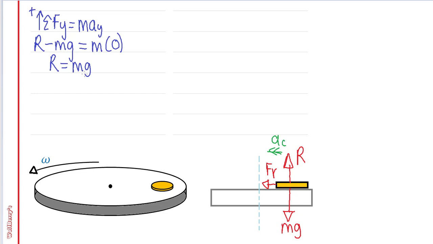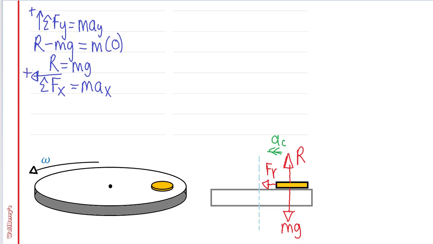The second equation is in the x direction. So we can say the sum of all the forces in the x direction is equal to ma in the x direction. Now, since there's only one force and it's acting towards the left, same direction as our acceleration, we can say left is positive.